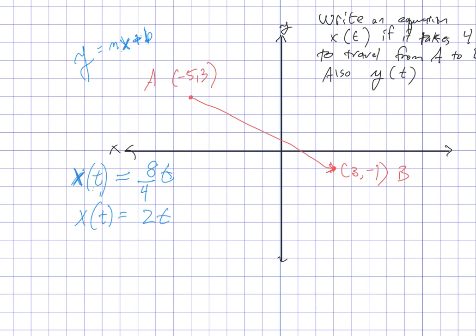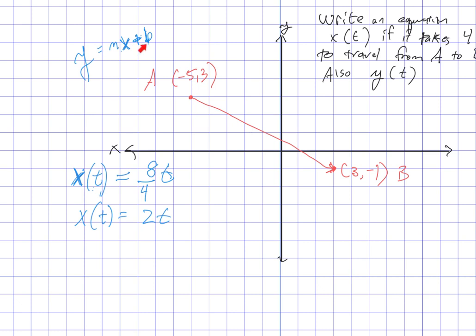I said we're thinking like slope-intercept form, but it's not purely slope-intercept form. If you think back to slope-intercept form, when you put 0 in for x, it would tell you that y equals b, and that would be the y-intercept. But I'm not doing a y-intercept.